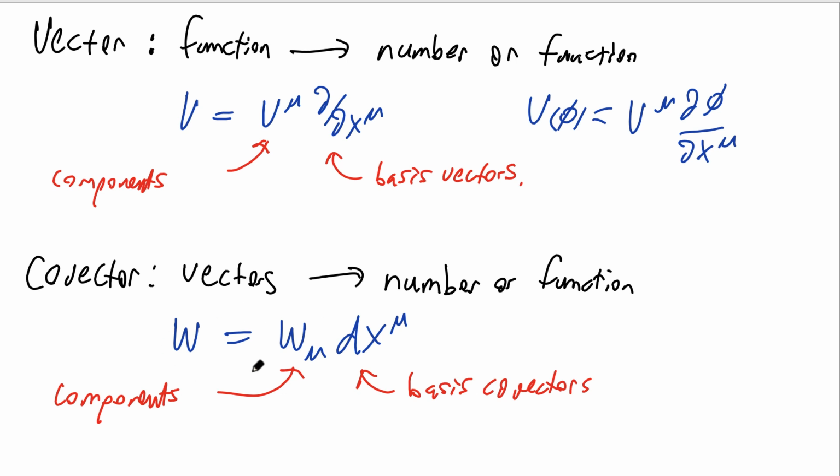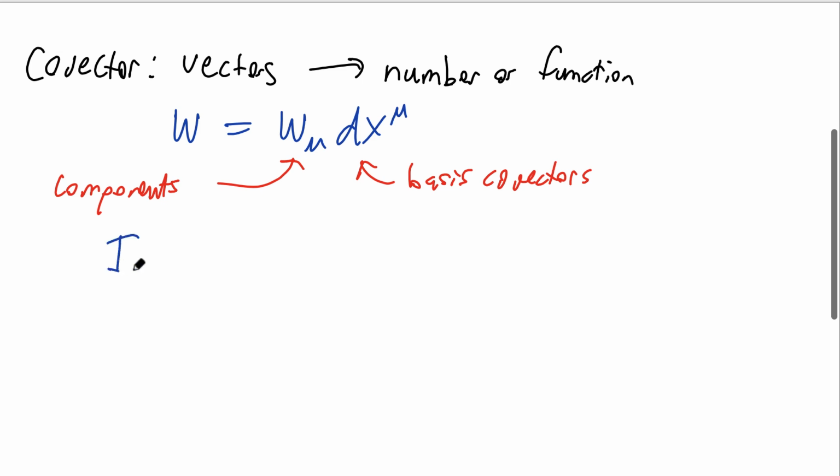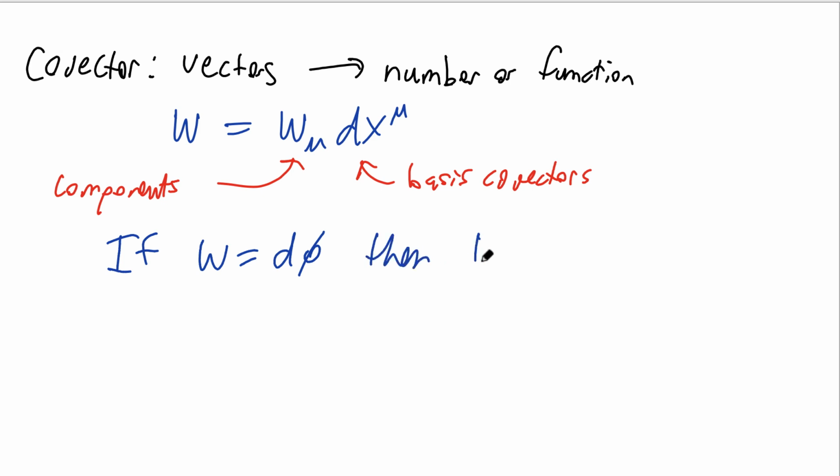How does the covector W act on a vector? Well, if the covector is the differential of a function, then W acting on a vector V is just defined to be the number obtained when V acts on the function phi.